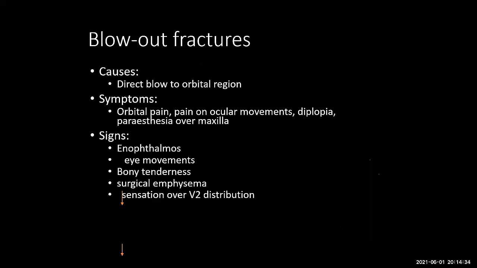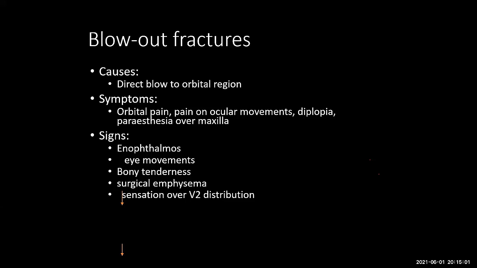Blowout fractures. Another common traumatic ophthalmic emergency that we see in ophthalmic units usually results from a direct blow to the orbital margin. And symptoms would be pain around the eye and pain in eye movements, double vision, and paresthesia over the maxilla.